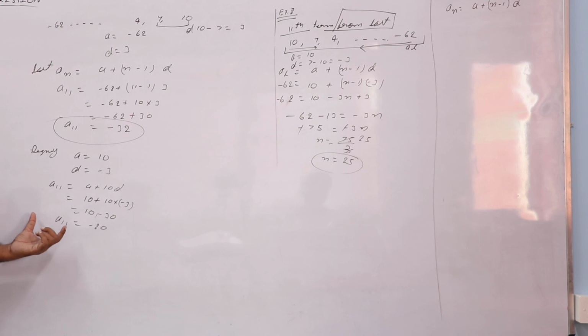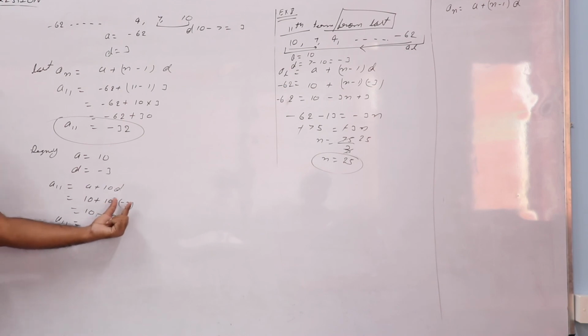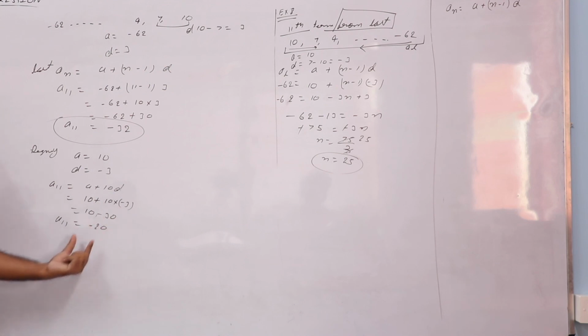So a11 is equal to a plus 10d, one less than the term number. So 10 plus 10 into d, where d is equal to minus 3, so 10 into 10 minus 30, so minus 20.